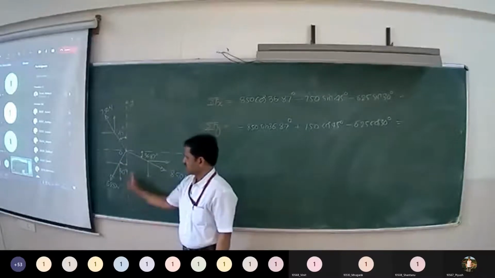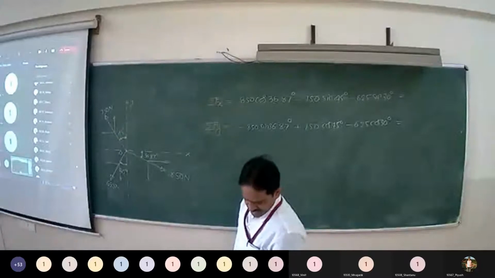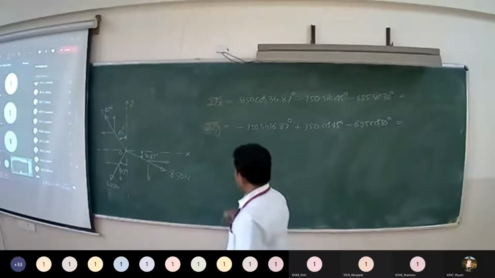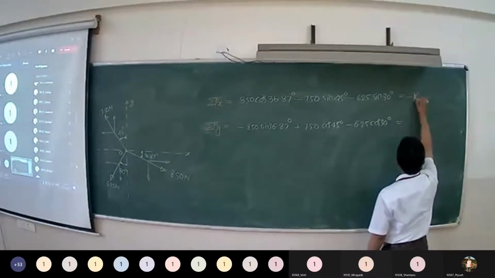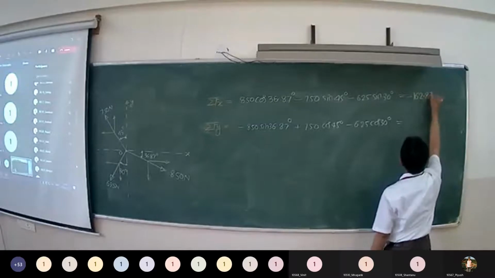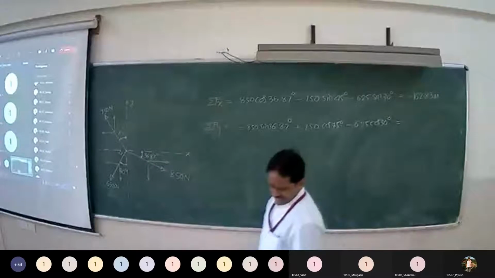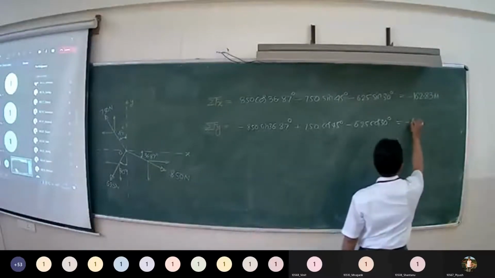So the y component is cos, the x component is sine. So summation fx is minus 162.83, whereas summation fy is minus 520.94.